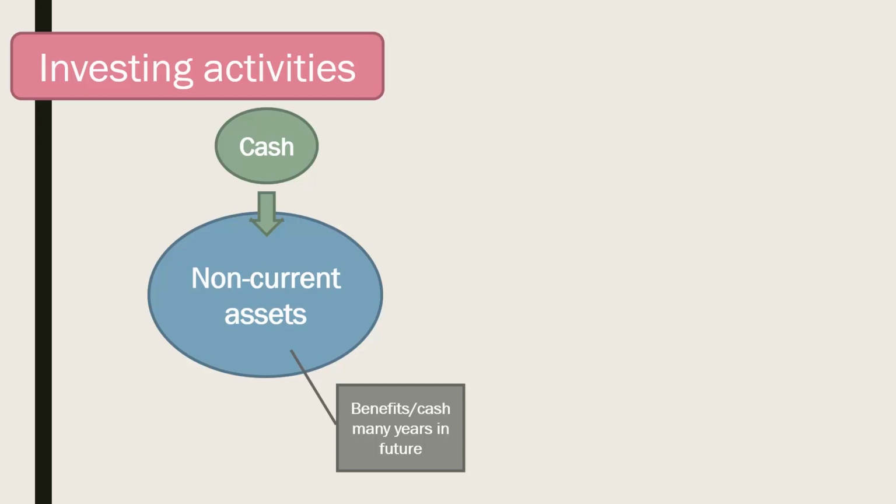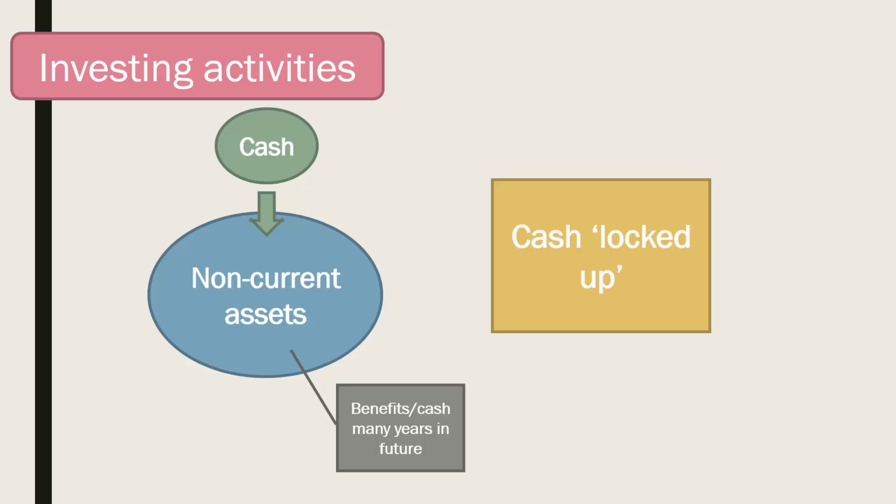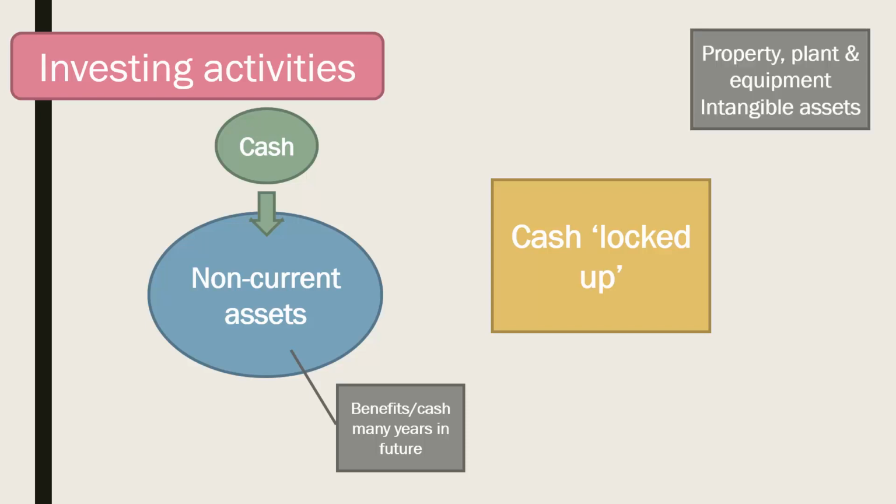Or, in other words, cash is being locked up into non-current assets in the firm with the expectation of growing its cash flows from operating activities in the future. Examples are investing cash into property, plant and equipment and intangible assets.